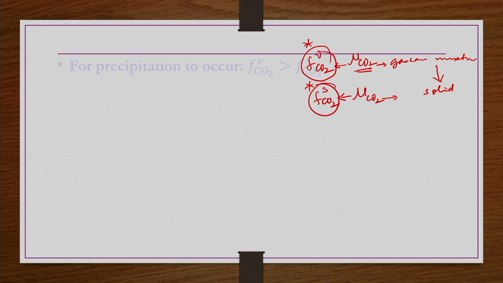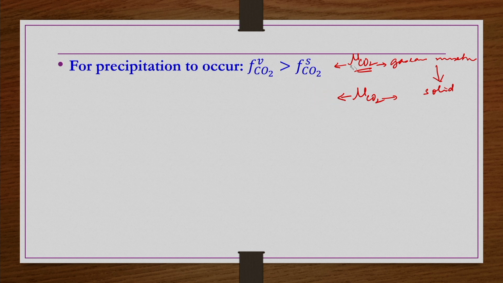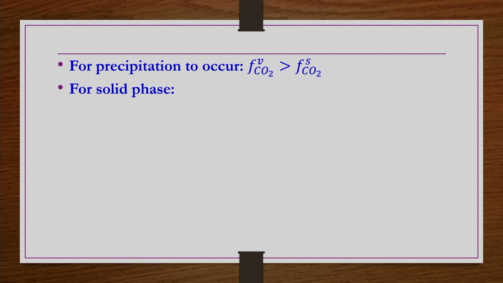So, indirectly what has to be the condition? FCO2 in the vapor phase should be higher compared to the FCO2 in the pure compressed solid state. So, for the solid phase pure, we assume the compression takes place in such a way that only CO2 is precipitating, H2 is not.